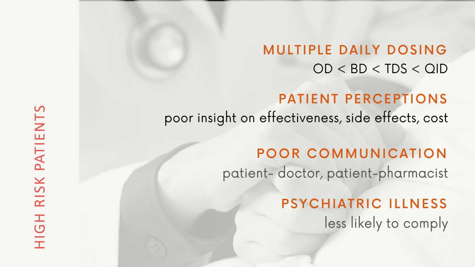Poor communication between the patient and doctor, and between the patient and pharmacist, means they are not being consulted appropriately on their diseases and their medication. Psychiatric illness might also influence their behavior of taking medication.